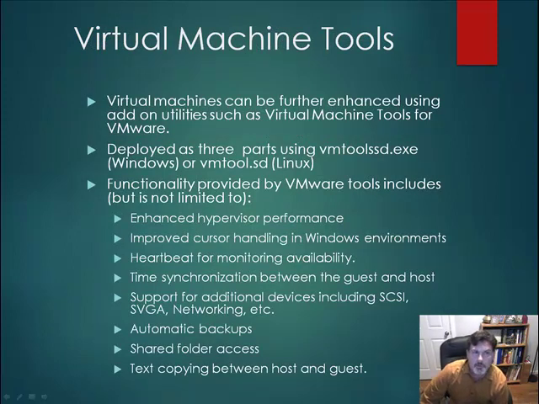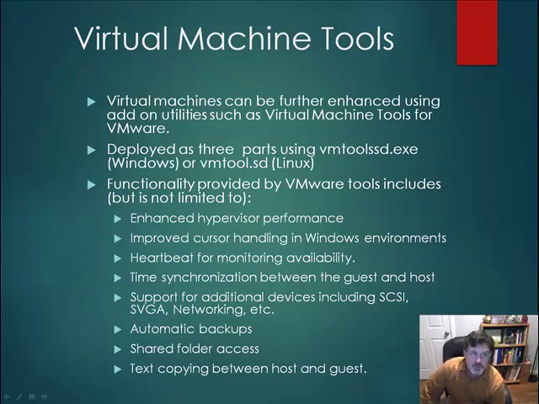You probably already know by now that you can enhance the performance of virtual machines on your host environment by adding additional utilities. Doesn't really matter what vendor you're using, but you can add additional utilities to optimize the way VMs run in your environment. For VMware, the utility of choice is the virtual machine toolset that comes from VMware itself.